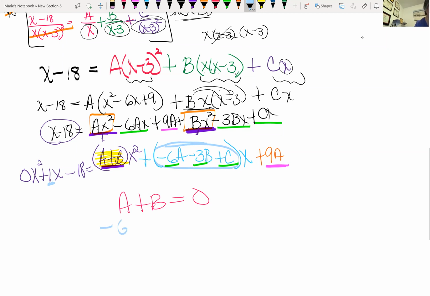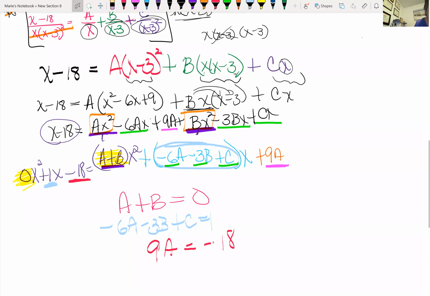That's your minus 6a minus 3b plus c equal to 1. We're going to finish that off with, in this case, 9a has to equal the negative 18. That's this part here. So follow the yellow code and you'll get where I'm going with this, where I went with this, I should say.